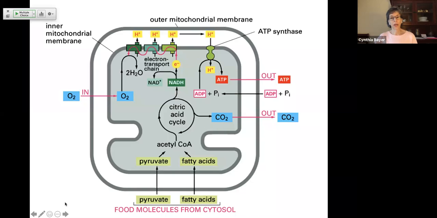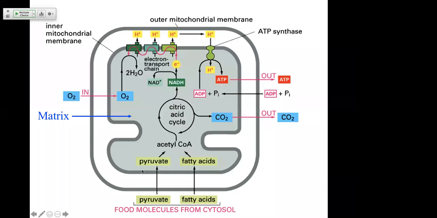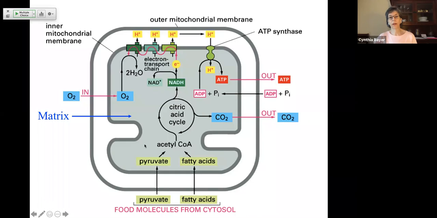What we'll look at today is what happens to that pyruvate once it has been transported across both of these membranes. We're not going to look at the transport itself, but pyruvate has to be transported across the outer mitochondrial membrane as well as the inner mitochondrial membrane into the matrix where the enzymes reside that will convert pyruvate into acetyl-CoA.